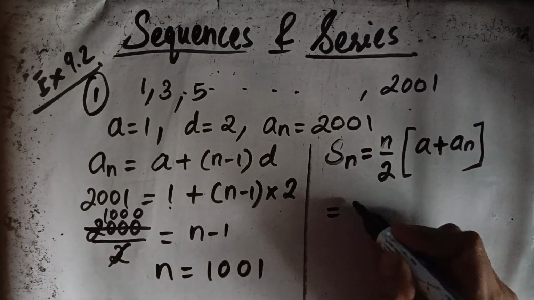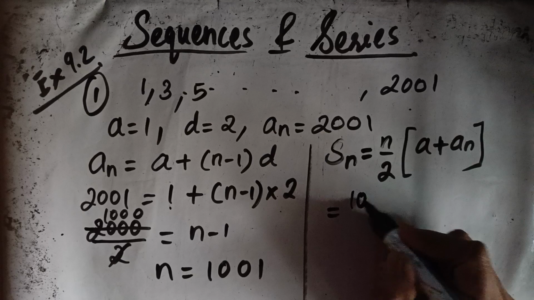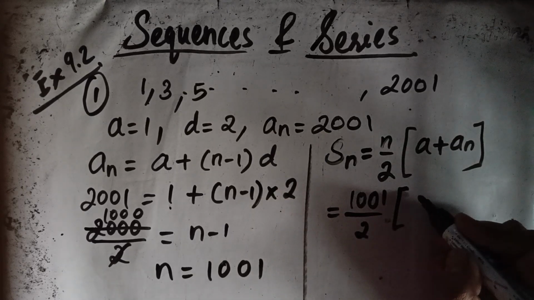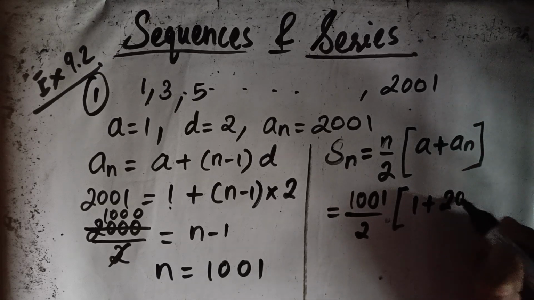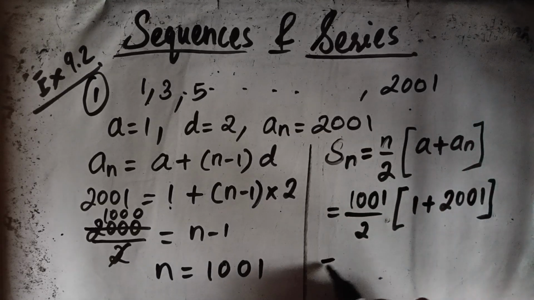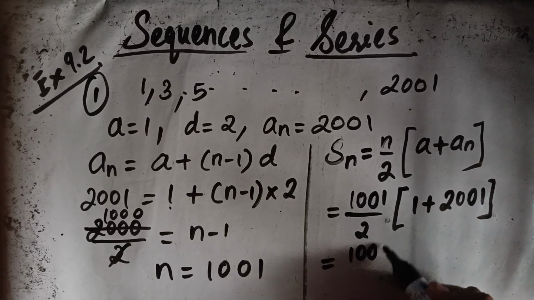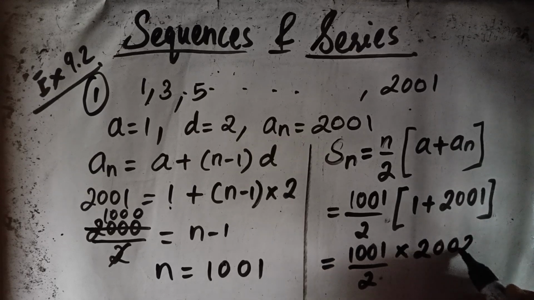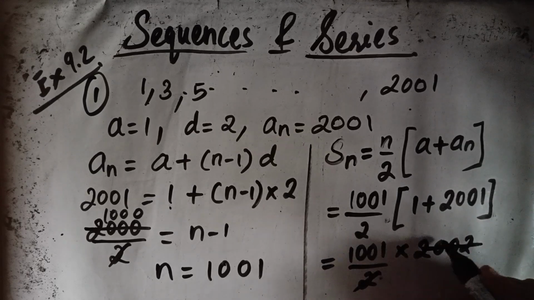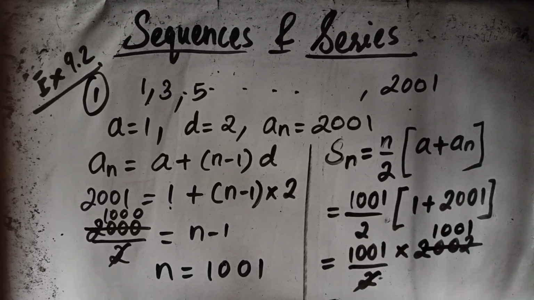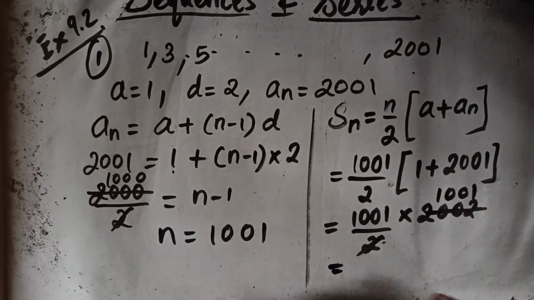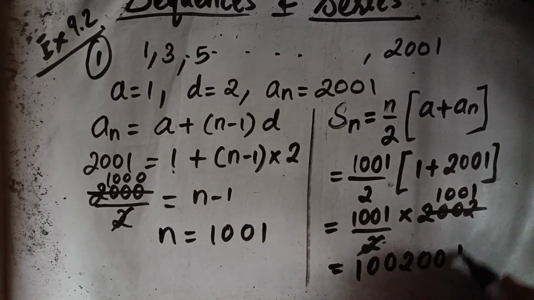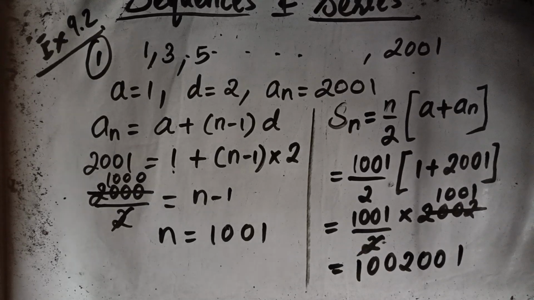Let's solve this. We'll get 1001 into 1001, which is 1002001.